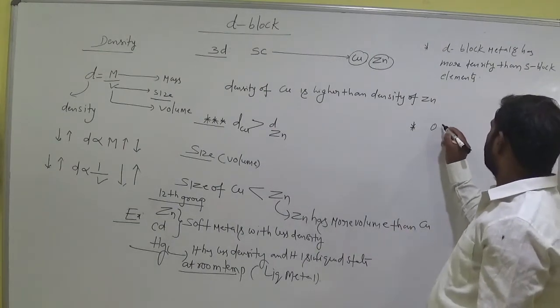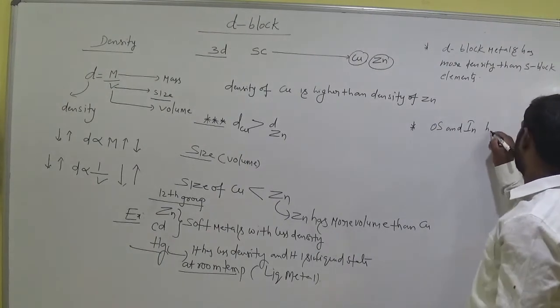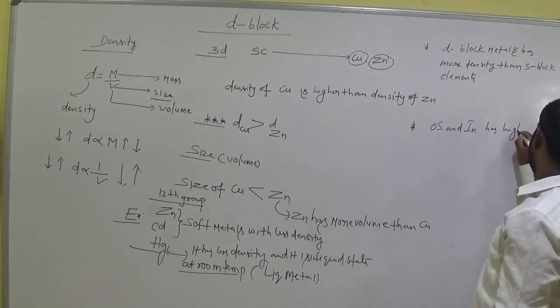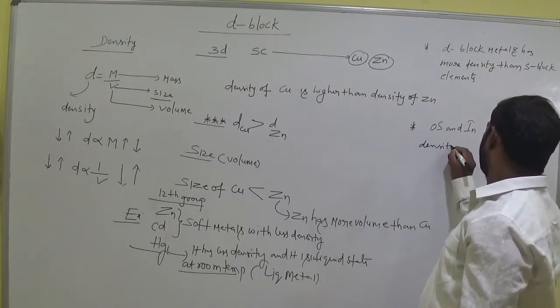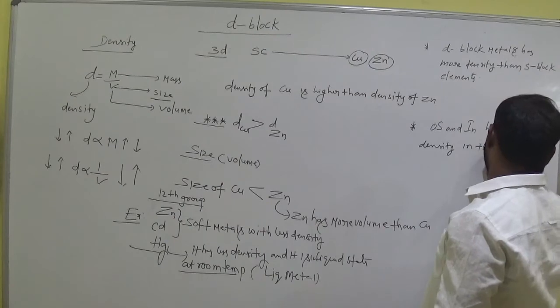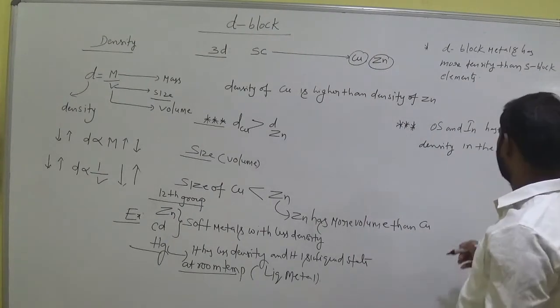And osmium and iridium have the highest density in the periodic table. That means they occupy more volume.